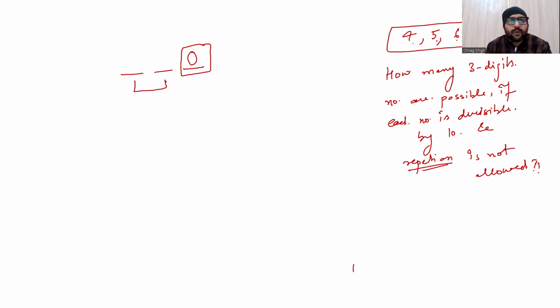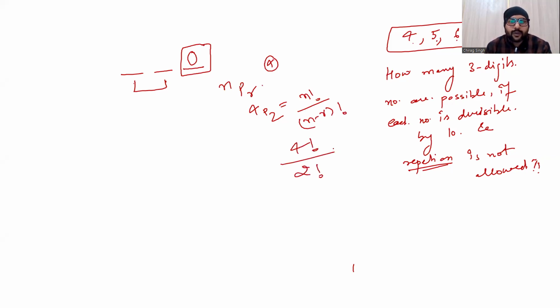One, two, three, and four. So for remaining two places, I have four choices. So answer would be what? nPr. That is 4P2. So n factorial divided by n minus r factorial. 4 factorial divided by 2 factorial. That is what? 12. आया समझ में?